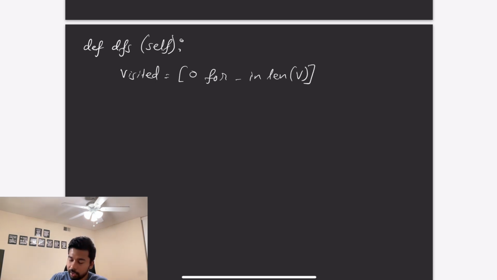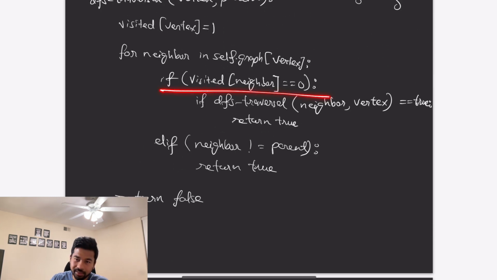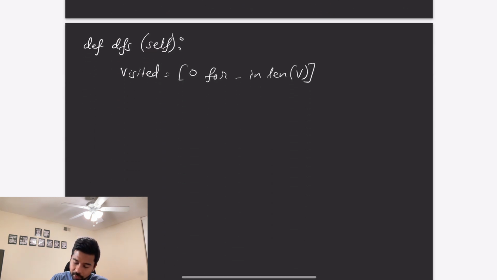This could just be an empty array, and this could be if neighbor in visited, it's the same thing. And you would traverse for vertex in graph, and this is self.graph. So this is just the same thing for connected components.